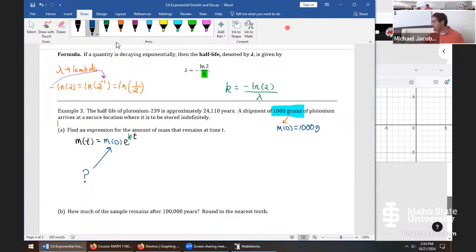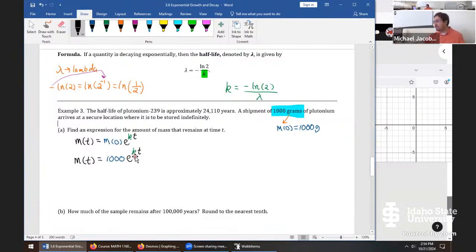So 1,000 grams of this not so great stuff. That means we can now update the model and say on the next step, mass at time t is equal to initial mass of 1,000 grams multiplied by e to the power of the decay rate, k, times t.